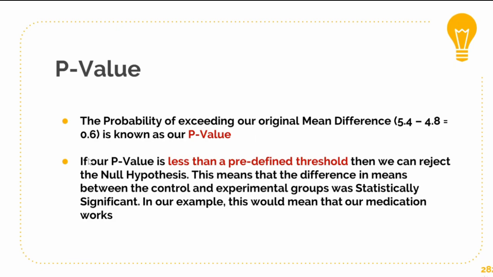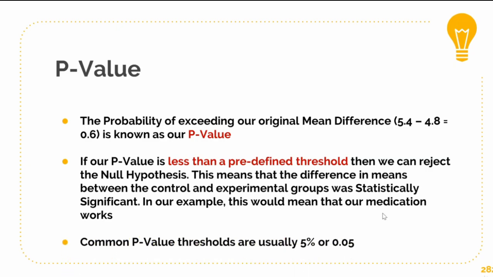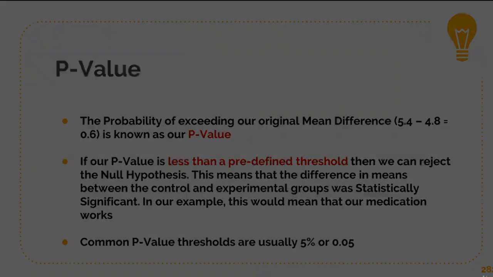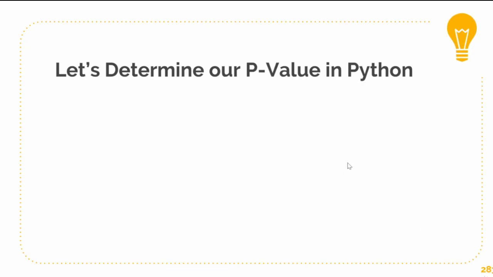Okay? So read this line again. If our p-value is less than a predefined threshold, then we can reject the null hypothesis. In our example, this would mean that our medication works. So a common p-value threshold is usually 5% or 0.05. So let's determine our p-value in Python.